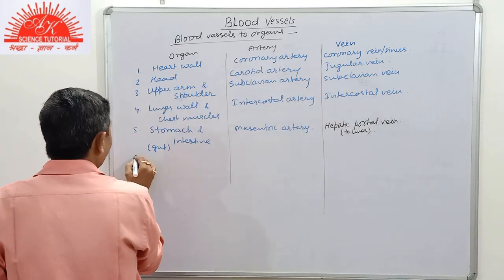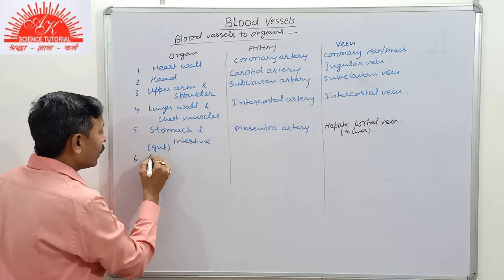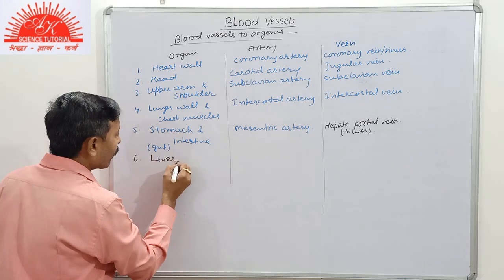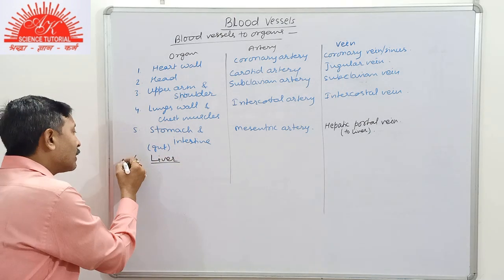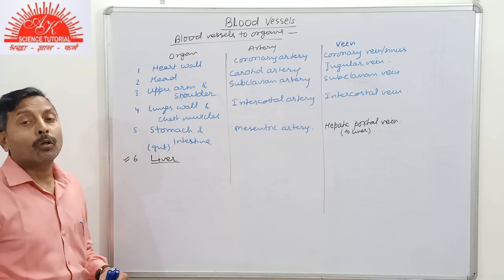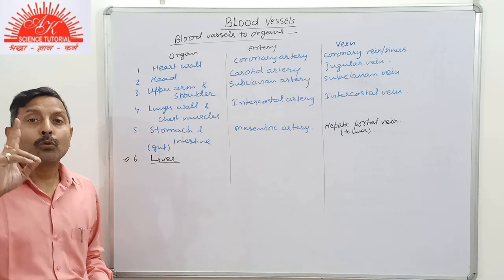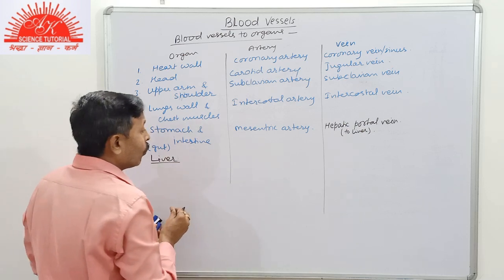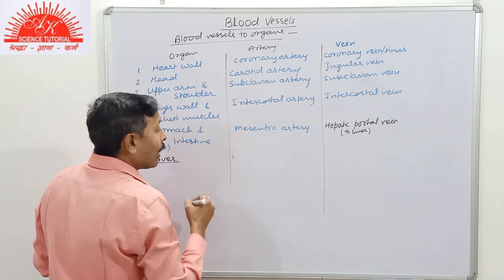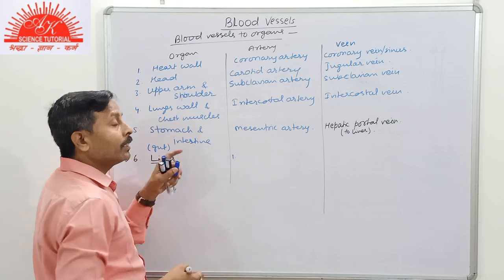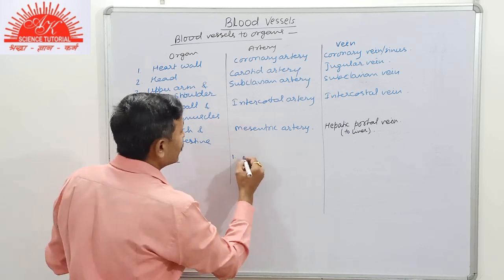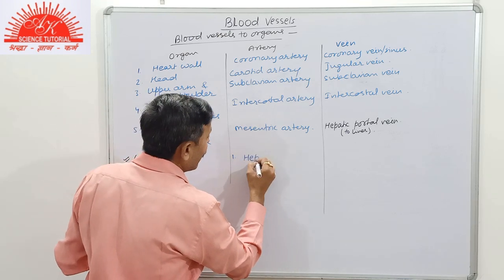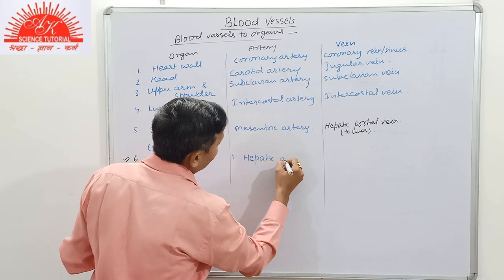Now, the next structure is the liver. This is the only organ which receives blood through two blood vessels. One, its own artery, which is bringing oxygenated blood for its own functioning, that is called hepatic artery.